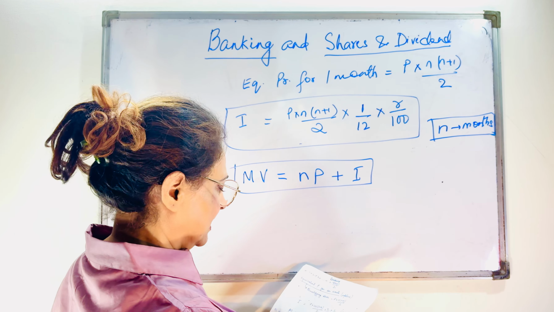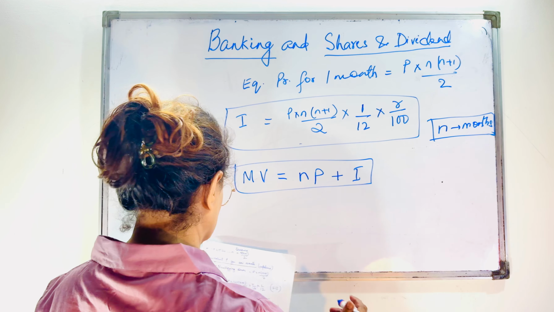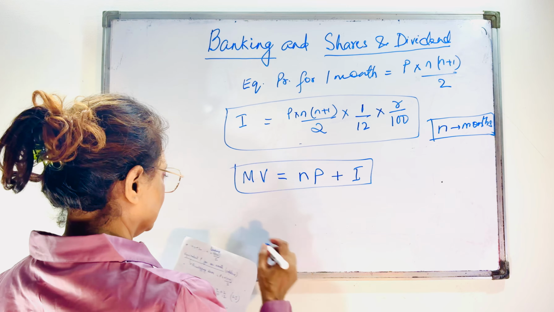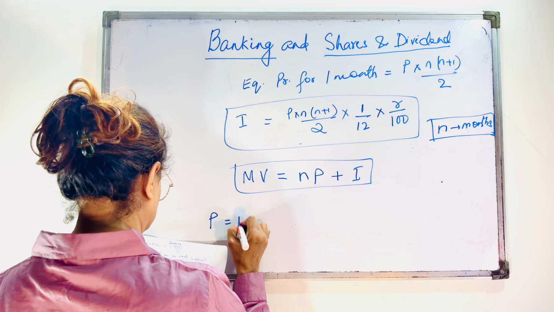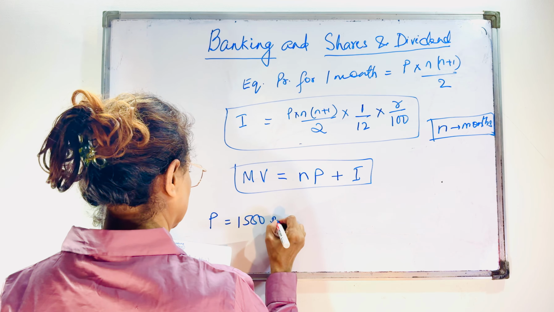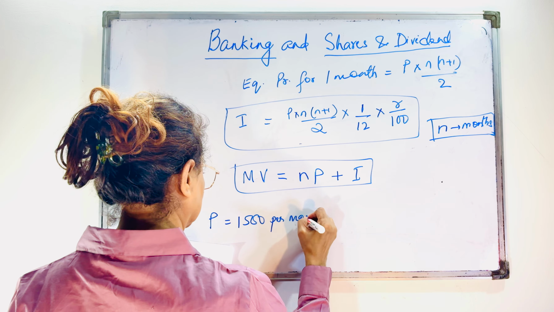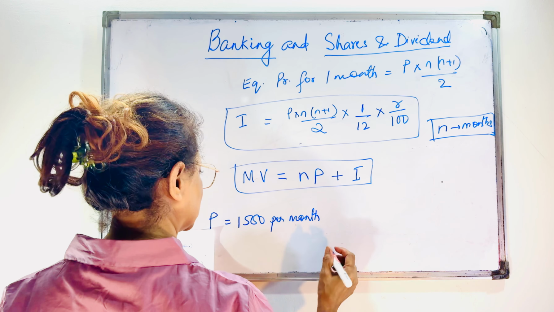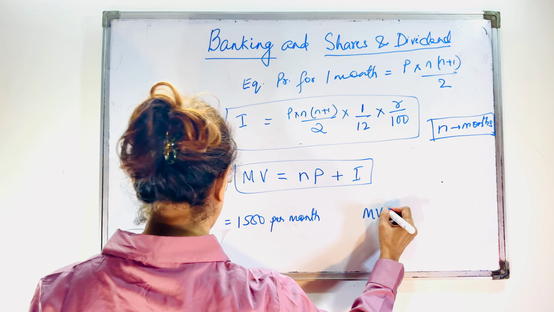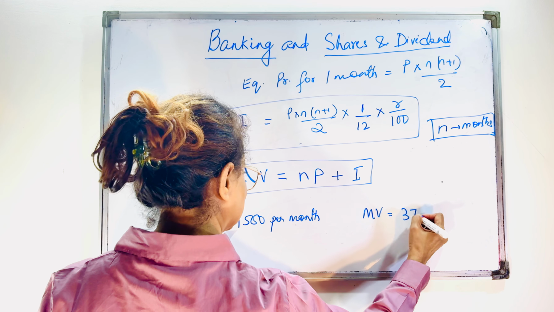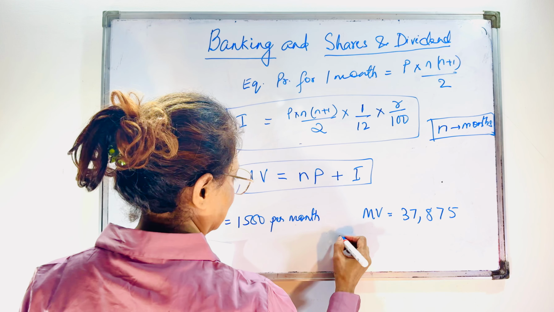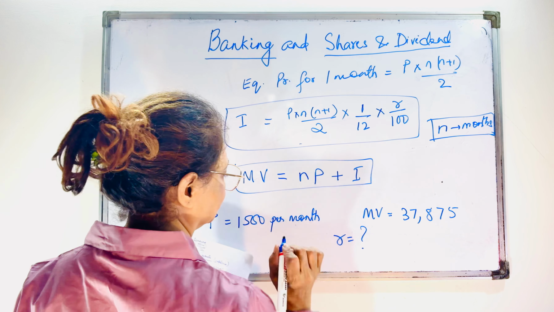Mr. Jacob has a 2 year recurring deposit account. He deposits 1500 per month. So P is known. His maturity value is given to be 37875. Find the rate. R is asked.